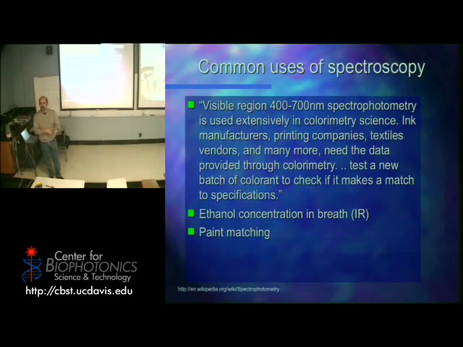So when you want to paint your room because somebody drew on part of the wall and you want to paint that, but you don't know what color was on the wall, you can actually use colorimetry, which is a simpler form of spectroscopy, figure out exactly what color that is, go to Ace or wherever you want to go, Home Depot, and get the color exactly matched. And the way they do that is they take your sample and they can shine light on it and see exactly what the color combinations are of your sample, and then they can recreate that in the paint that they give you. Okay, so that's how you get the color matching.